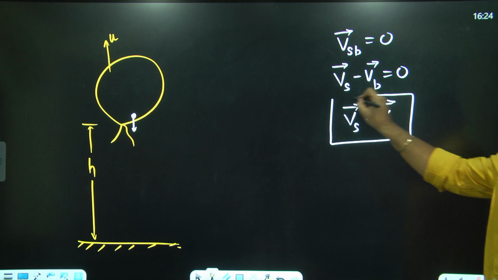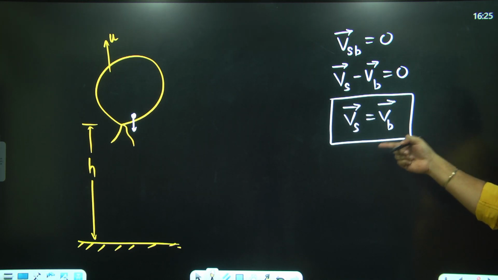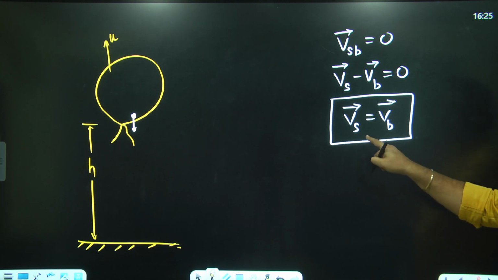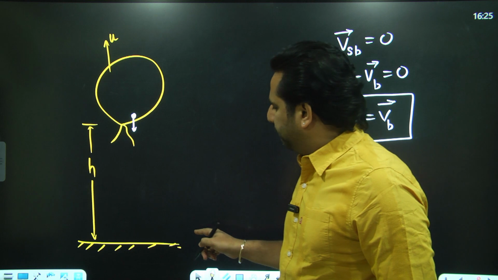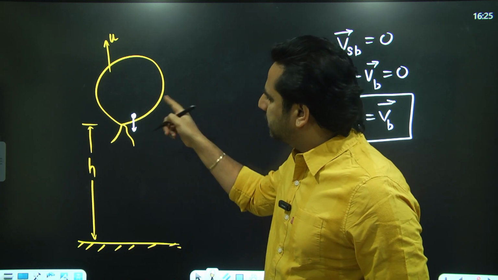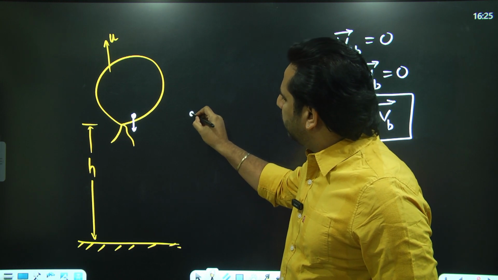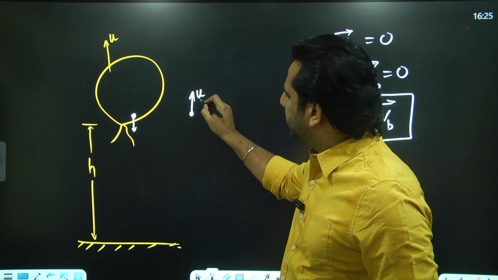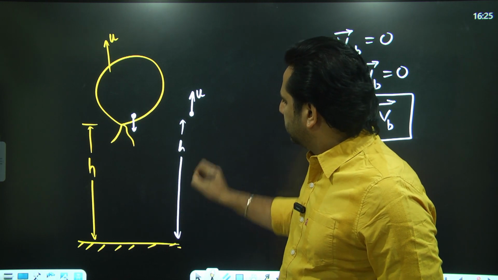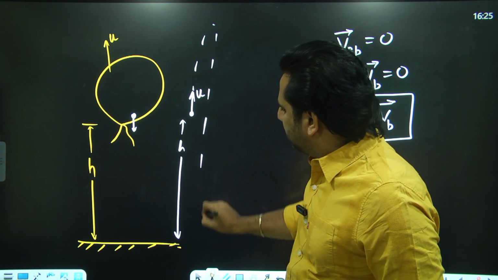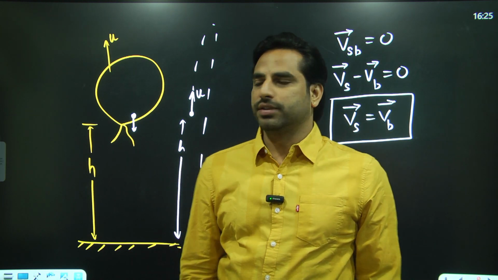So if a stone is dropped from the balloon, the stone is carrying the velocity of the balloon. So velocity of the stone is equal to velocity of the balloon. If we observe this scenario from the ground, the stone is having initial velocity u up because it is dropped from the moving balloon and from a height h. It is pretty much similar to a particle which is projected with a speed u up from a tower of height h.